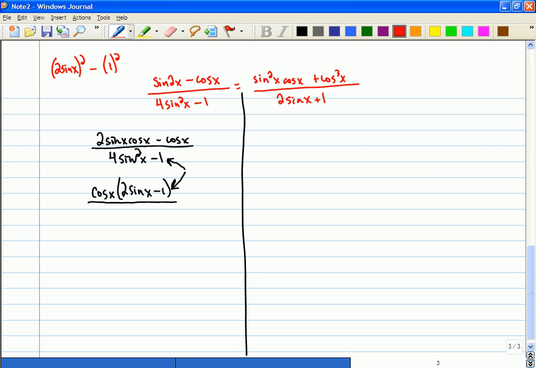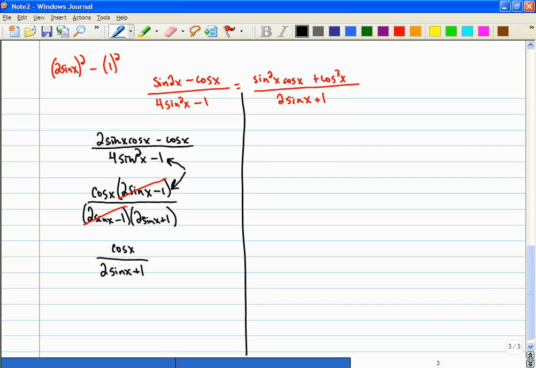So if you remember this pattern, the way it gets factored is 2 sine x minus 1 times 2 sine x plus 1. And of course, that gives me my first thing to drop out. I get cos x over 2 sine x plus 1.